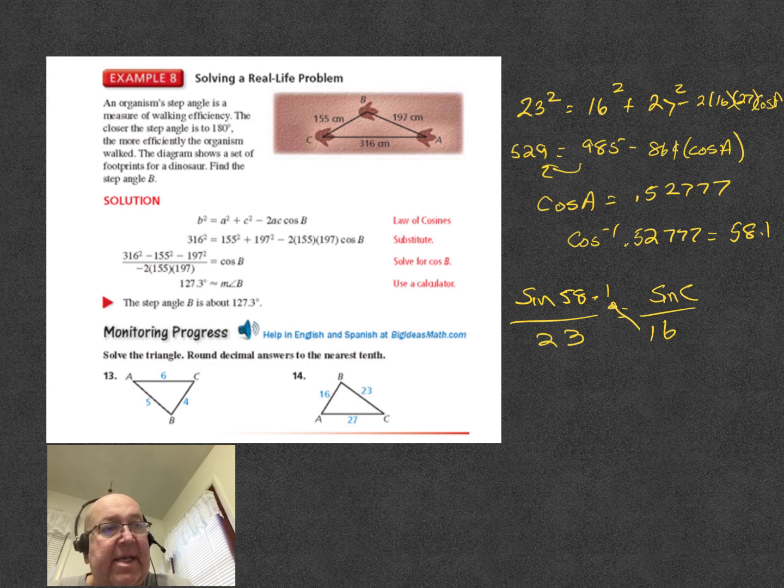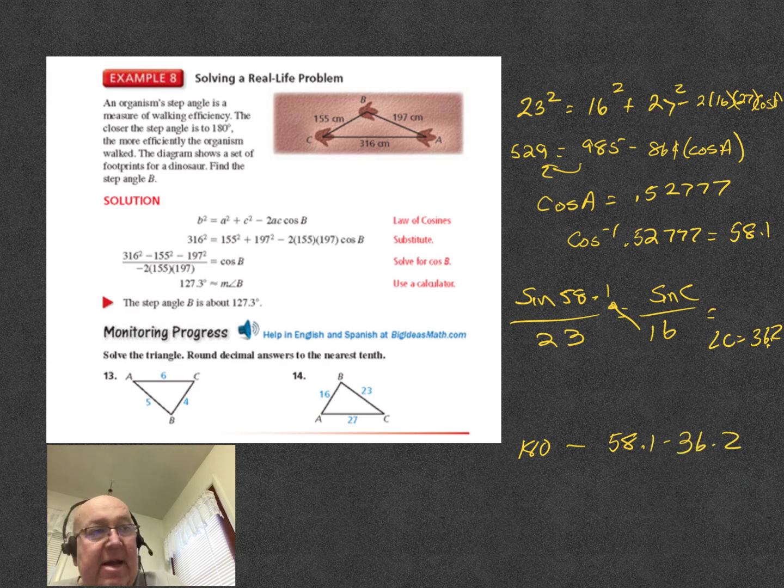Multiply by 16, divide by 23, and I'm going to get the measure of angle C is equal to 36.2. Now I can find my final angle of the triangle: 180 minus 58.1 minus 36.2, and I end up with angle B measuring about 85.7.